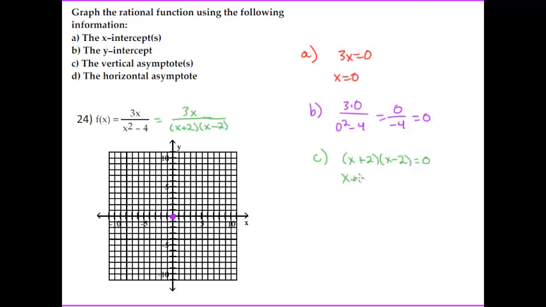So that gives us x plus 2 equals 0, x minus 2 equals 0, so x equals -2 for the first one, x equals +2 for the second one. So these are vertical asymptotes at -2 and at +2. So we draw vertical lines at those two spots.